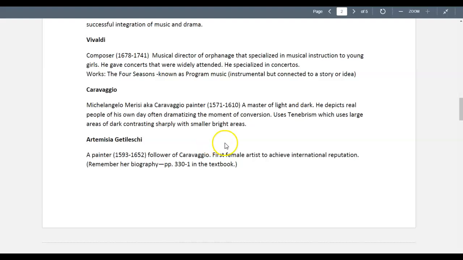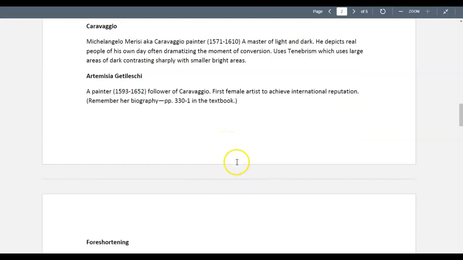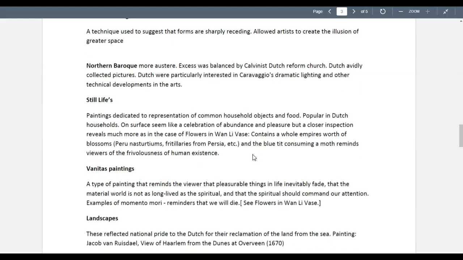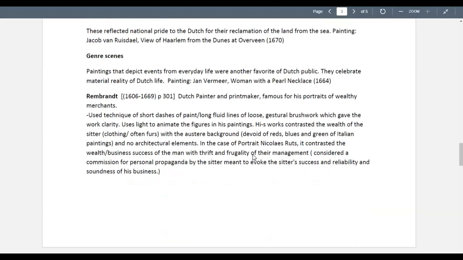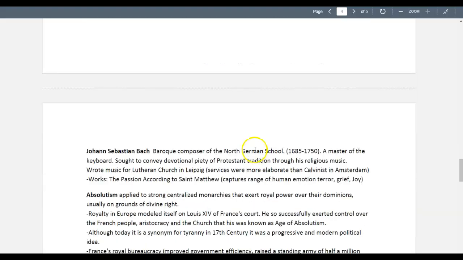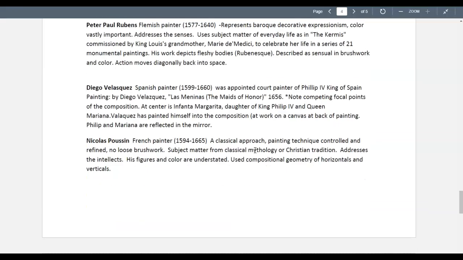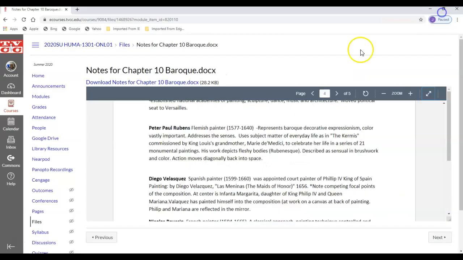Again, Gentileschi, another major figure. She's in the textbook, and you'll find that useful. Other aspects are offered here, details. Again, I just try to give you some of the details that are offered here. So just try to hit some key points.